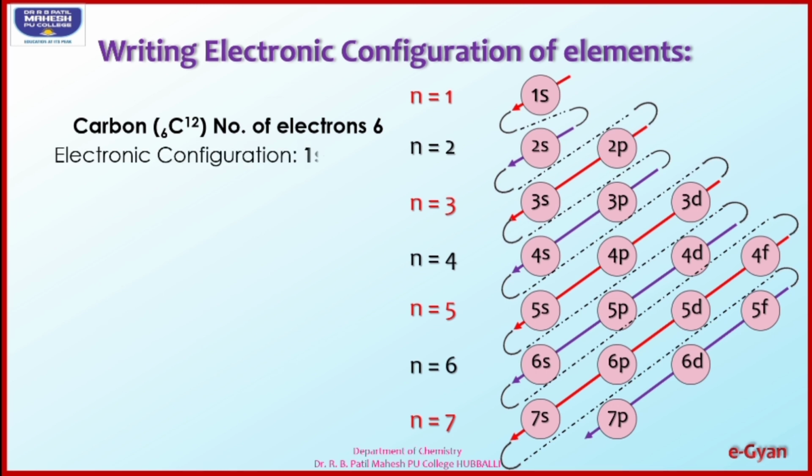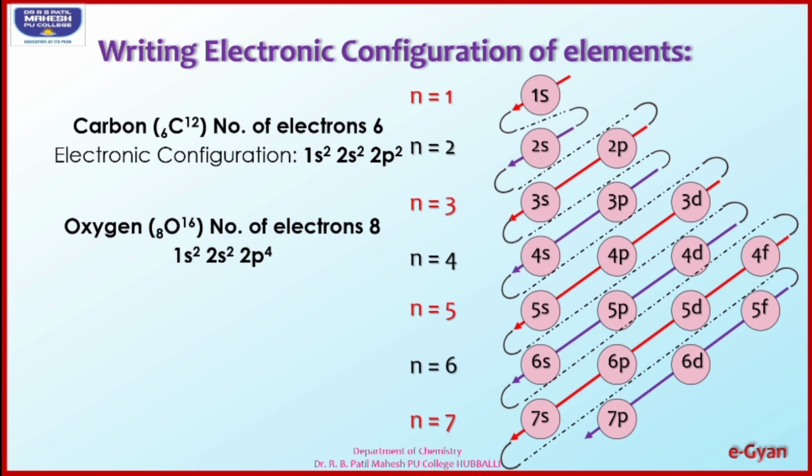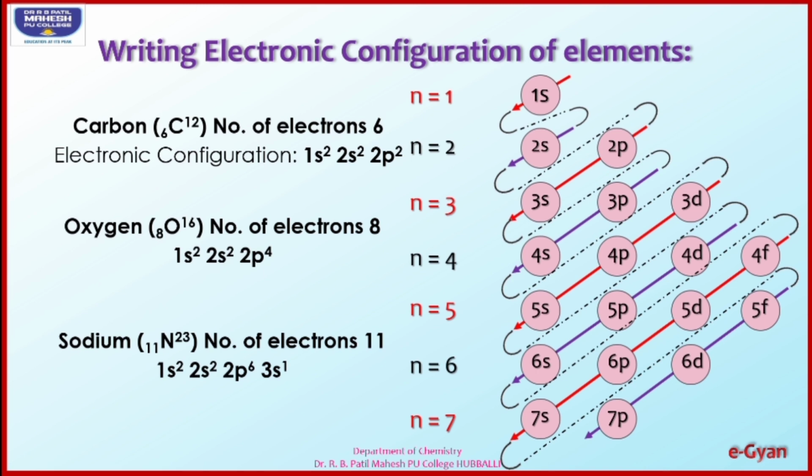So electronic configuration is 1s 2 electrons, 2s 2 electrons, remaining 2 electrons in 2p according to their increasing energy. Next example: oxygen, atomic number is 8, hence electrons also 8, 1s2, 2s2, 2p4. Sodium, total number of electrons are 11, 1s 2 electrons, 2s 2 electrons, 2p 6 electrons and 3s 1 electron.